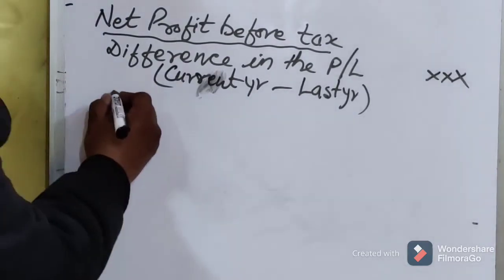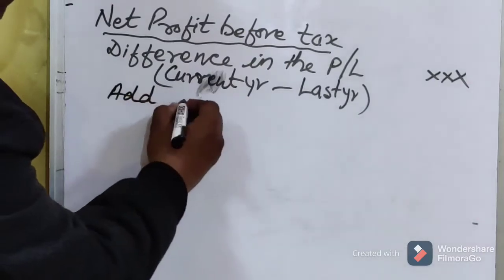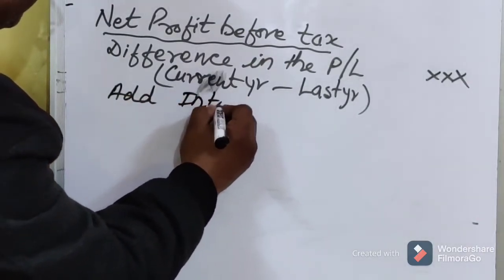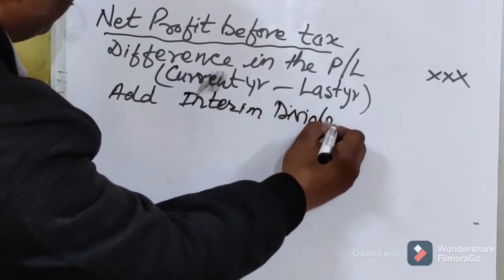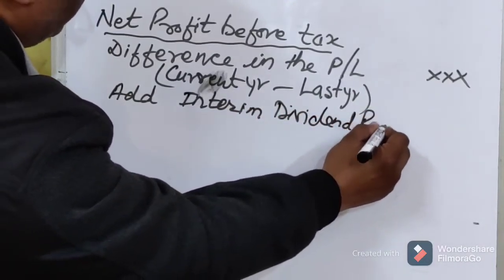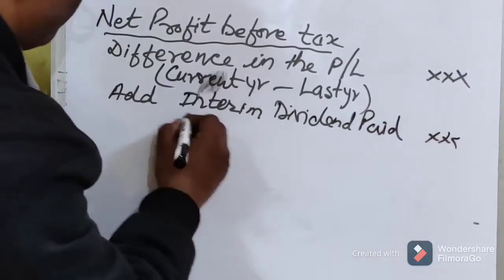Now we have to add interim dividend paid, and proposed dividend.